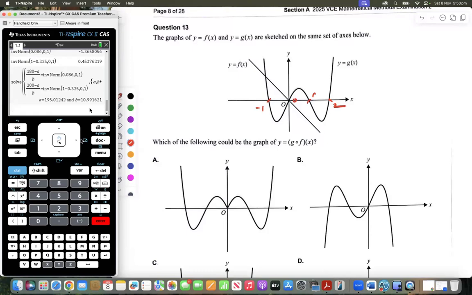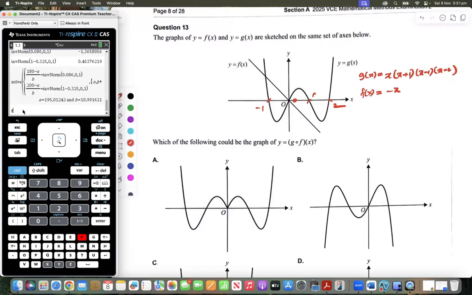So then your g of x graph is equal to x times x plus 1 times x minus 1 times x minus 2, and your f of x graph is equal to negative x, probably. Okay, that's it. Just define those two functions in the calculator.